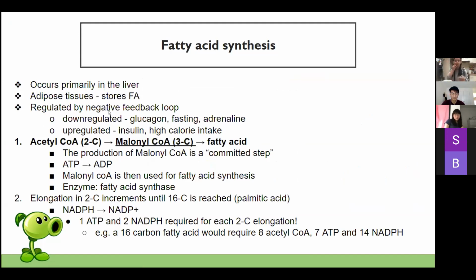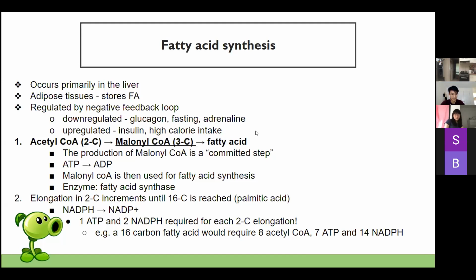You might remember me saying that fatty acid breakdown is increased when there's a lot of glucagon and adrenaline. This is basically the opposite. Fatty acid synthesis is downregulated, or decreased, when there's a lot of glucagon and adrenaline. On the other hand, fatty acid synthesis will be increased when there's a lot of insulin or high calorie intake.